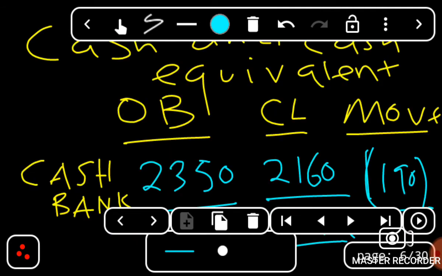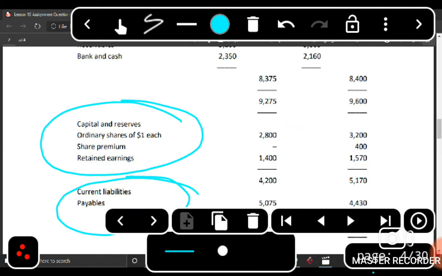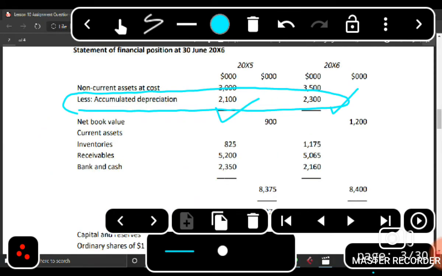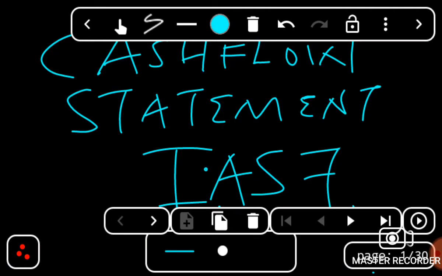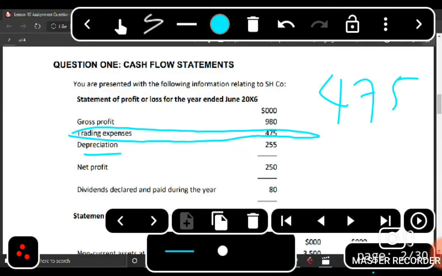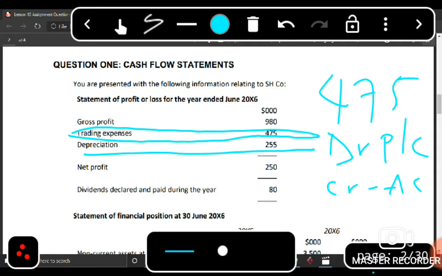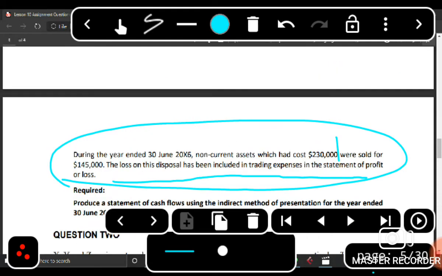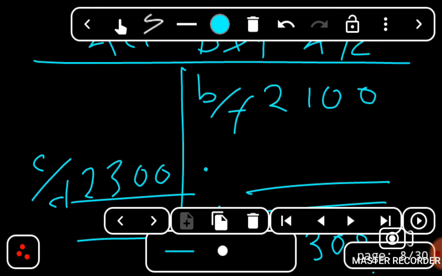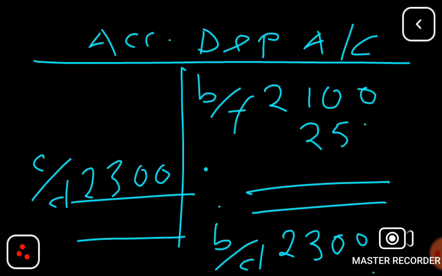When you're making an accumulated depreciation account, you must also take note of depreciation. Now, depreciation is an expense, and when they tell you about depreciation, just know that they debited profit or loss and credited your accumulated depreciation. So we're going to credit 255 in your accumulated depreciation account. So 255 as depreciation.